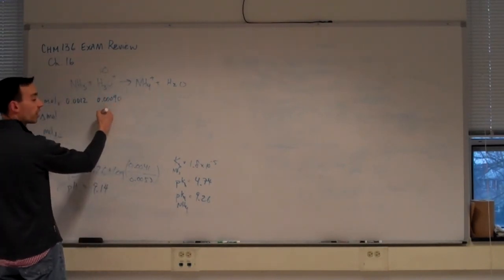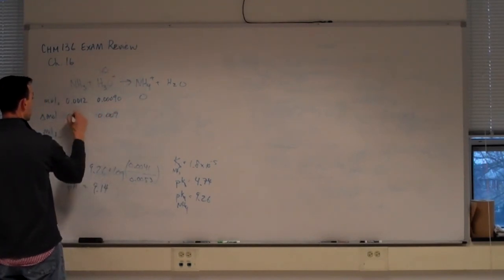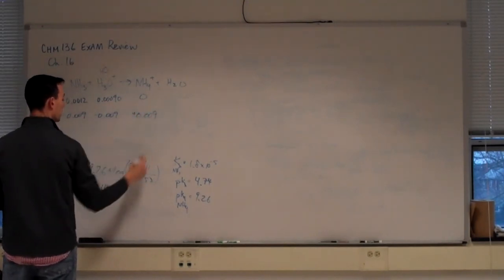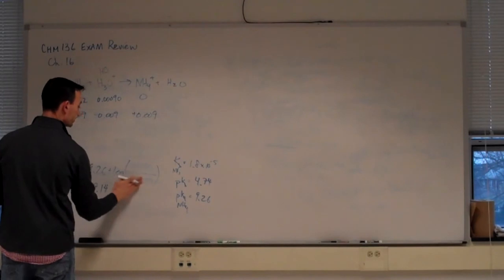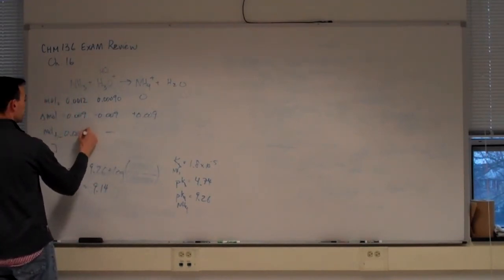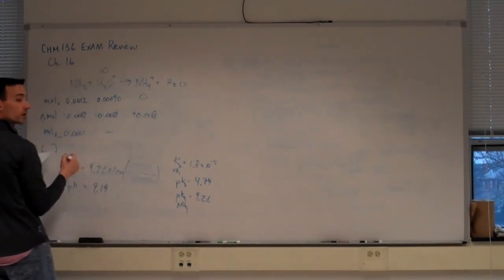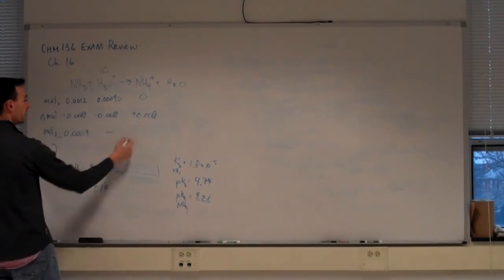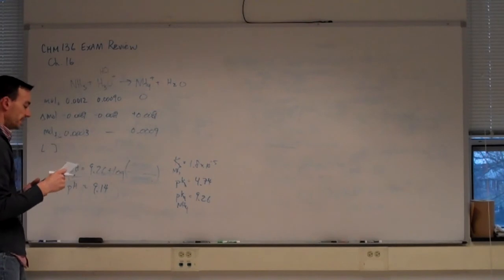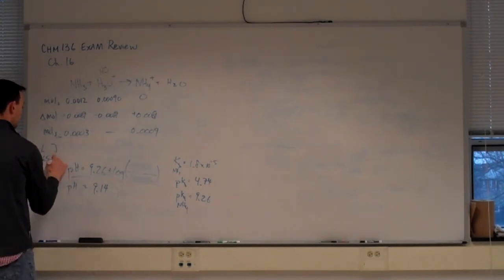So again, the strong component is the limiting reactant. We'll have none of that left. We'll have 0.0003 moles there. In this case, our total volume is 50 and 15, 65 milliliters.